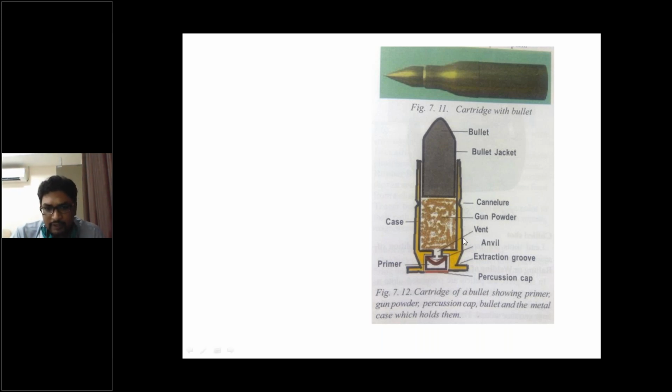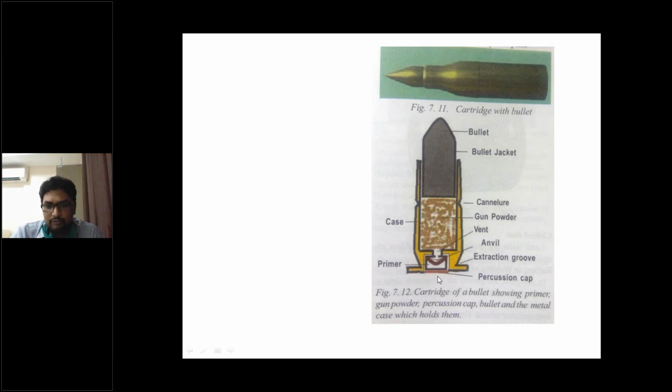Then we have the case, and then the gunpowder. The cannelure is just an indentation to mark the difference between the bullet and the gunpowder. Then we have the vent. The vent is a small opening between the gunpowder and the primer, through which the spark produced by the primer goes and ignites the gunpowder.